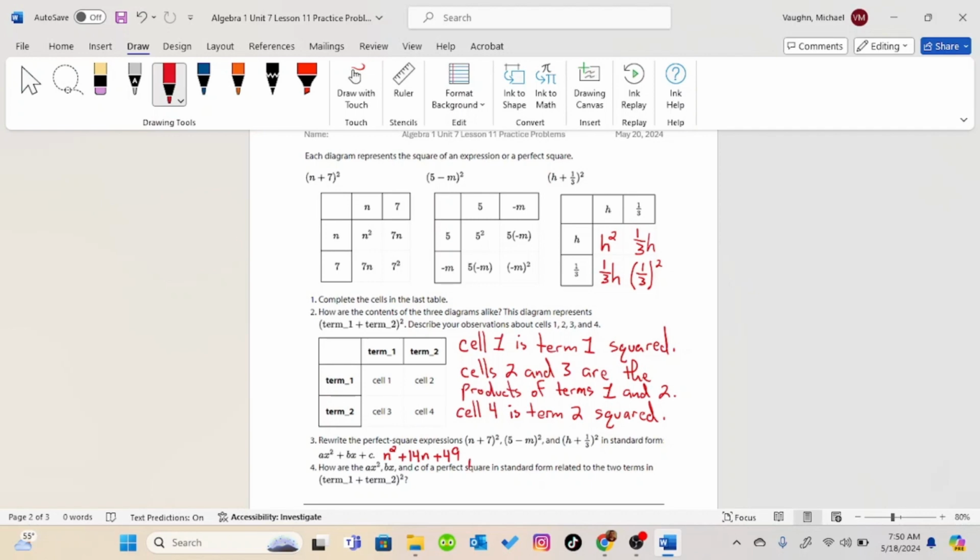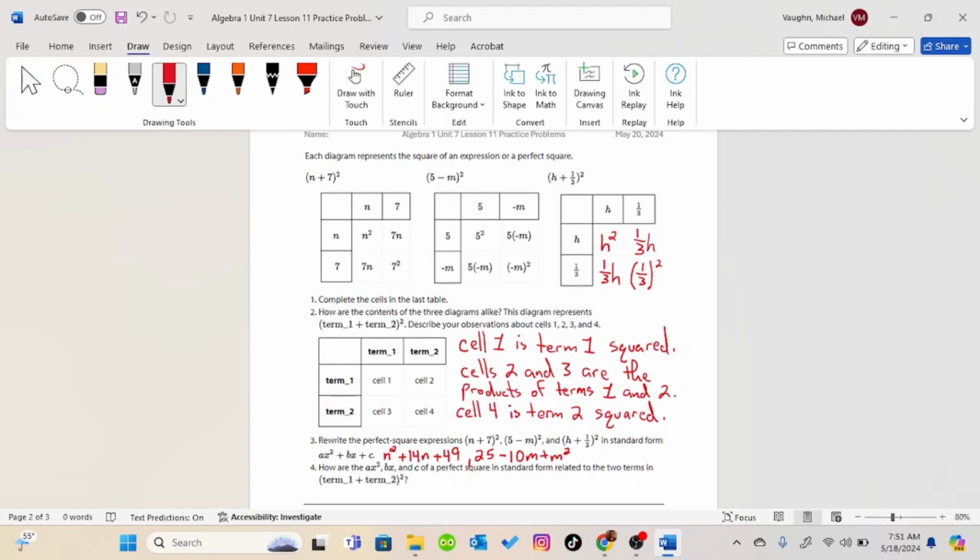Next, if we look at this second table, we're going to have 5 squared, which is 25. We're going to have negative 5m and negative 5m, so that's negative 10m. And then we're going to have negative m squared, which is going to be m squared.